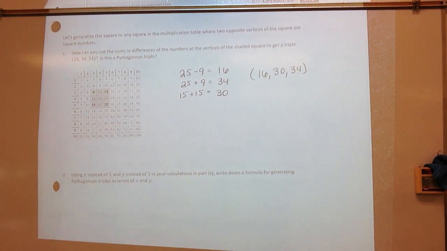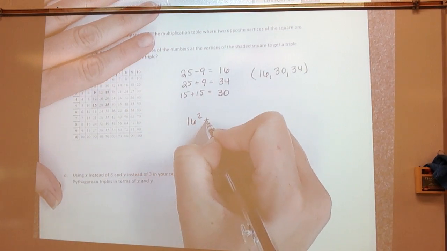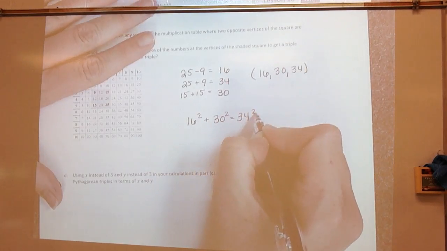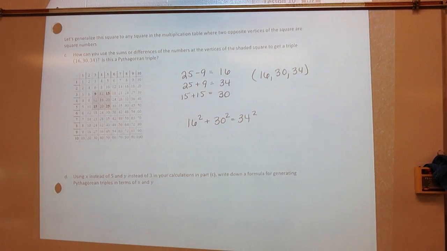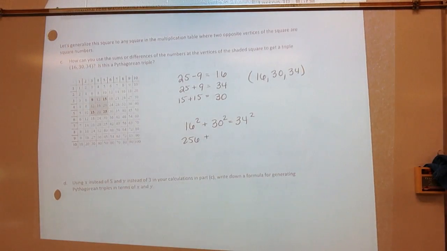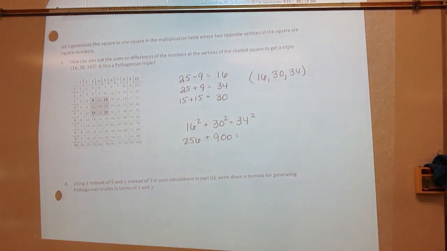So they want to know, is it a Pythagorean triple? Well, we would have to prove that. We would have to prove 16 squared plus 30 squared is equal to 34 squared. All right, so 16 squared is 256. 30 squared is 900.